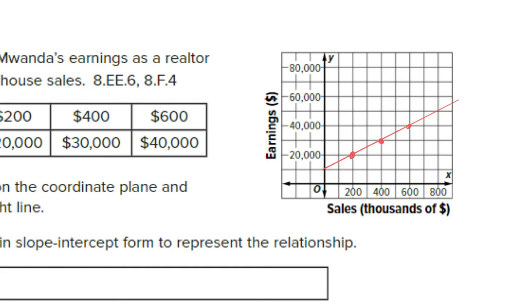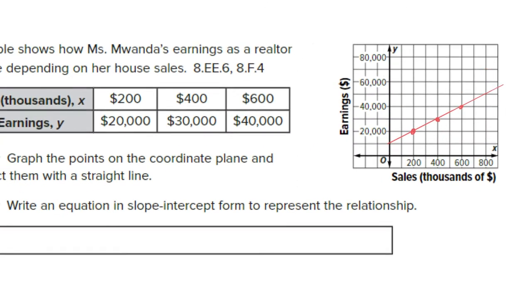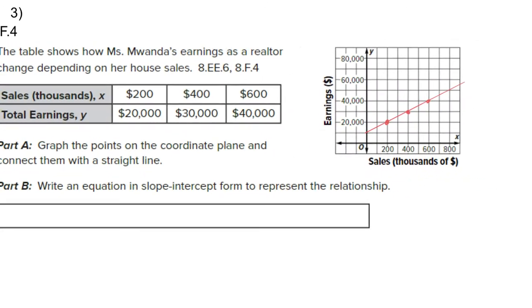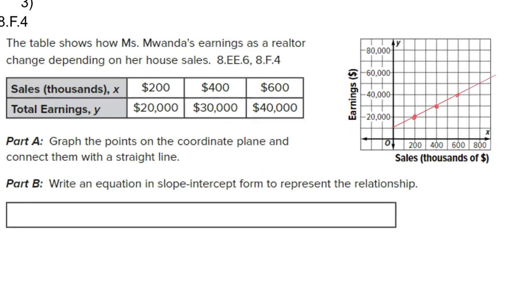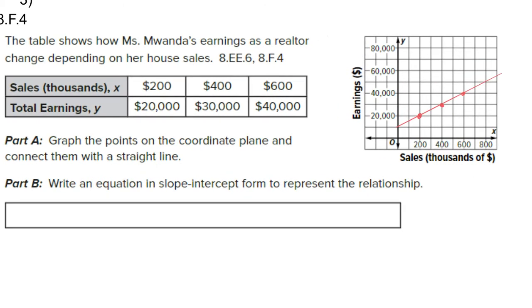Now write an equation in slope-intercept form to represent the relationship. Well, the change in y is 10,000, and the change in x is 200. So it's y equals mx plus b.